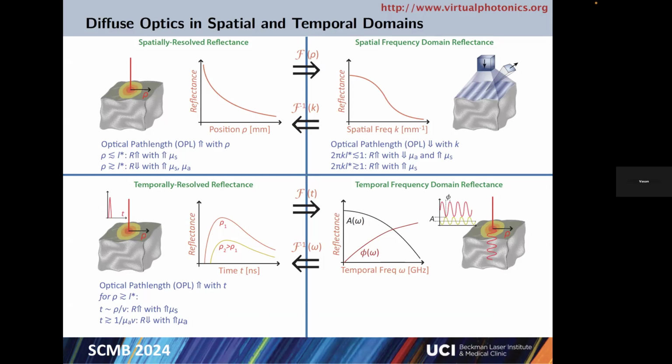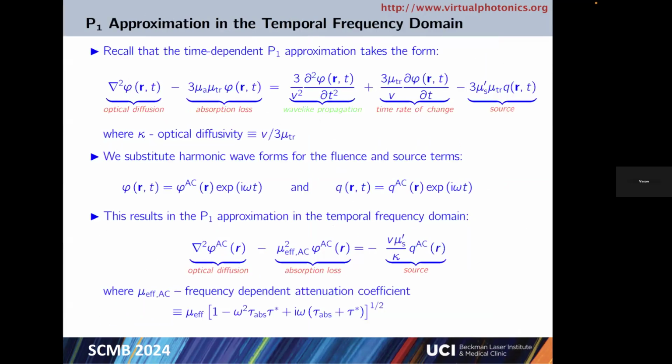Okay, so what happens in the temporal frequency domain? I'll take you through this now. Typically what we do is Fourier transform the time-dependent P1 approximation or the SDA. What you're doing in the temporal frequency domain is taking a source and modulating its intensity.